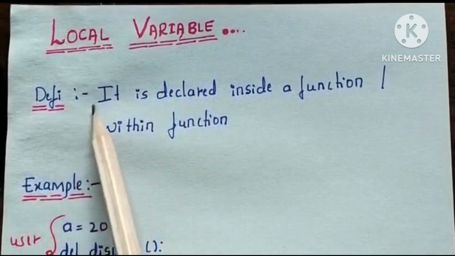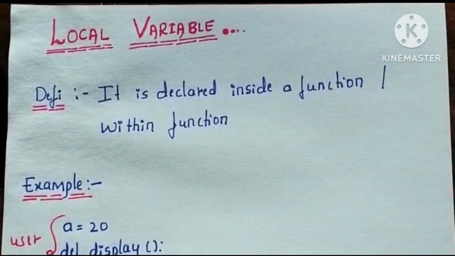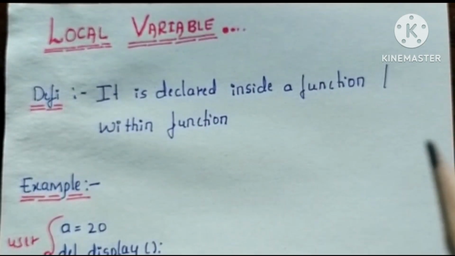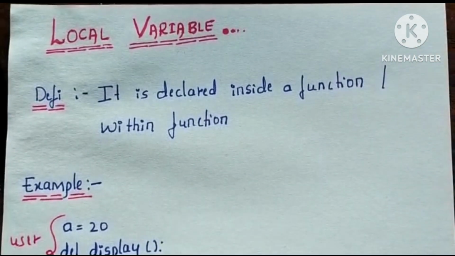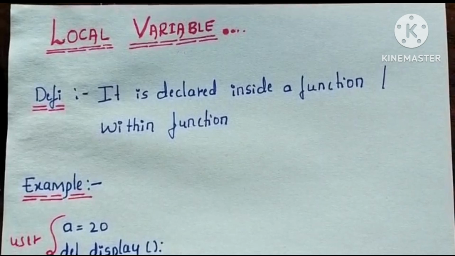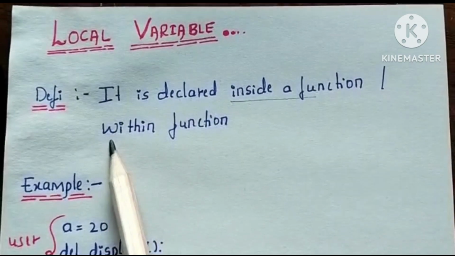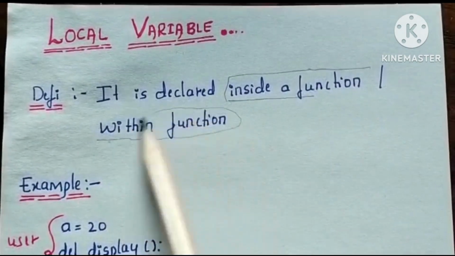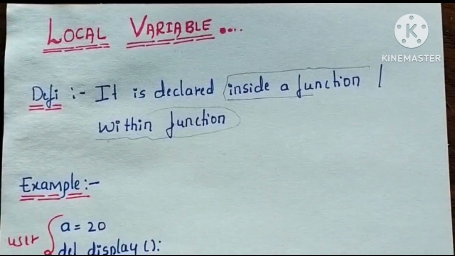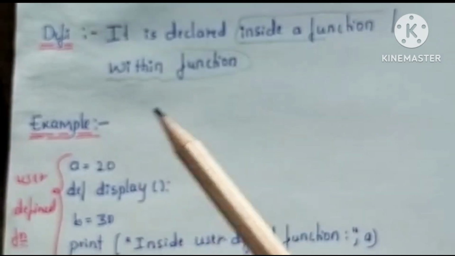The definition of a local variable is that it is declared inside a function. It means the variables which are declared within the function, either a user defined function or the main function, so that its scope is limited to that function only. I will show and explain that.